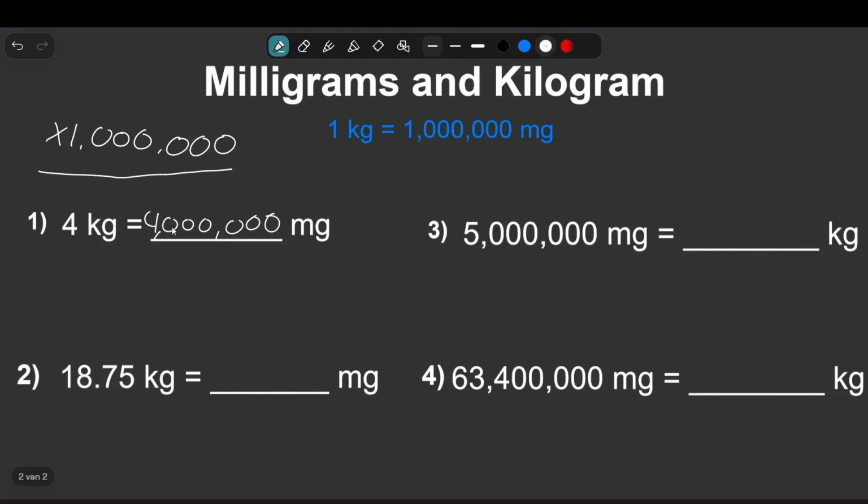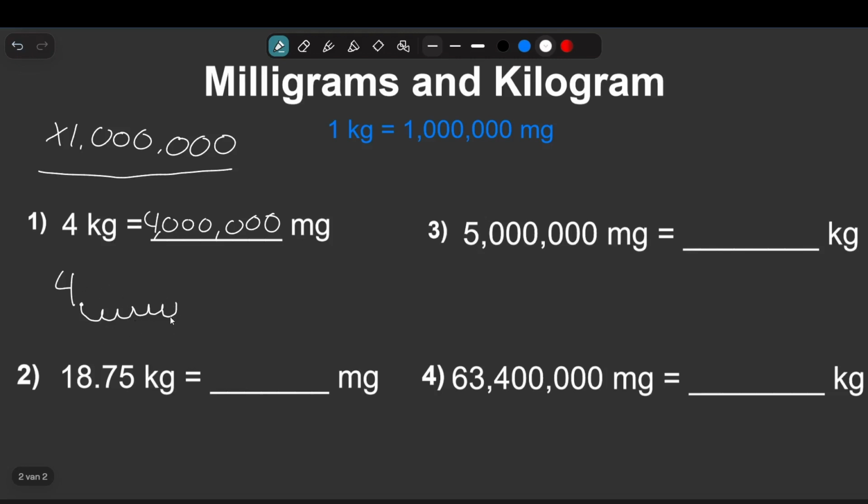But I'm going to show you how you can do this when you're having a bit of trouble with mental math. We're going to write down the 4, and the decimal place is after the 4 right here. We're multiplying, so we're going to move our decimal 6 times to the right. Like this, you can make little empty spaces. 1, 2, 3, 4, 5, and 6.